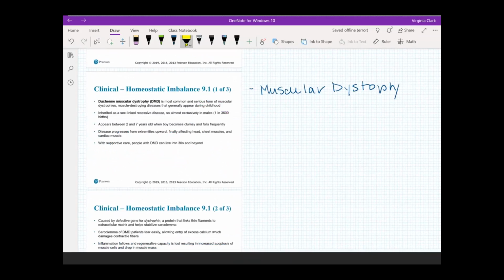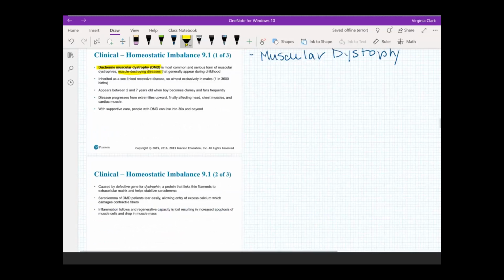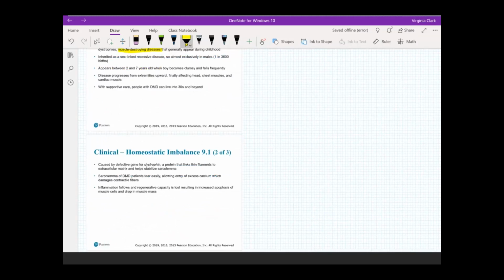And what it is going to be is a muscle destroying disease. So what is happening is that with this particular type of disorder, it is going to be a defective gene for the protein that links the thin filaments to the extracellular matrix and stabilizes the sarcolemma.